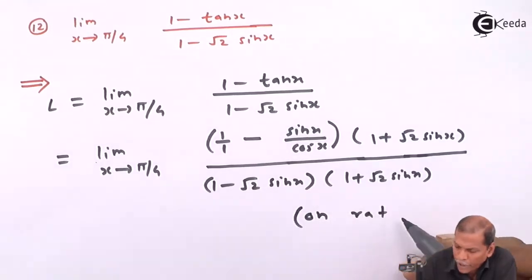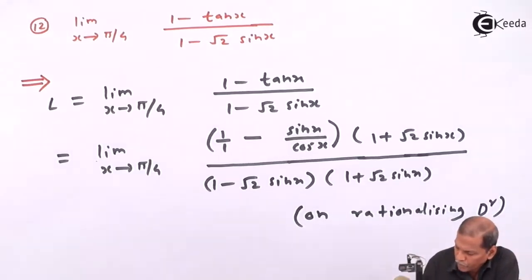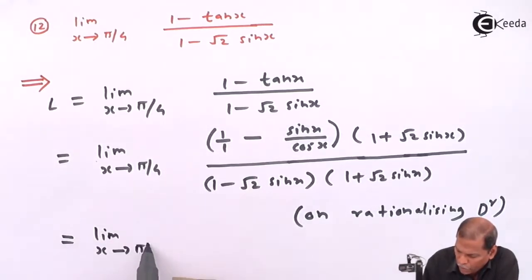In brackets we mention the reason: on rationalizing the denominator, that equals limit x tends to pi by 4.